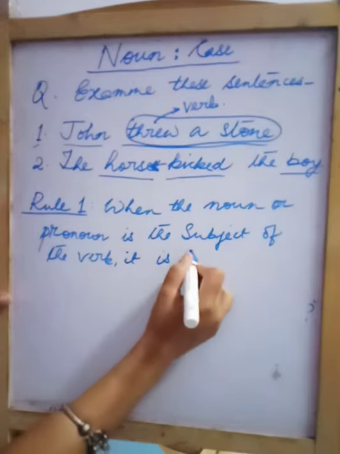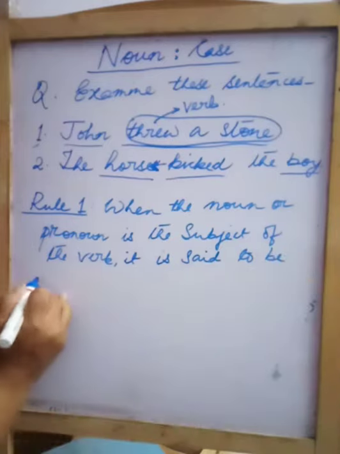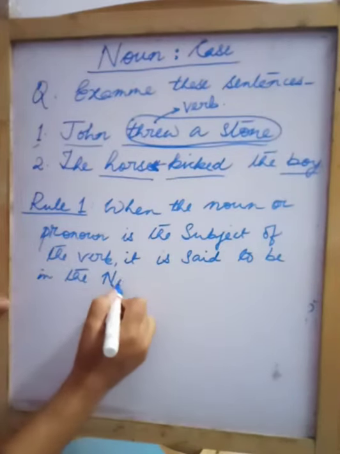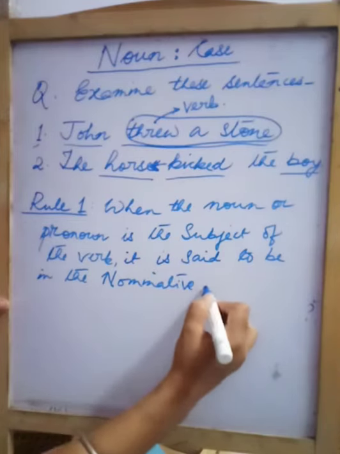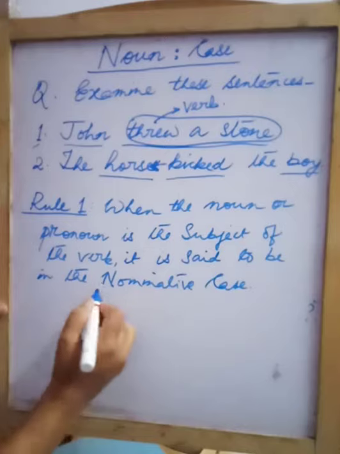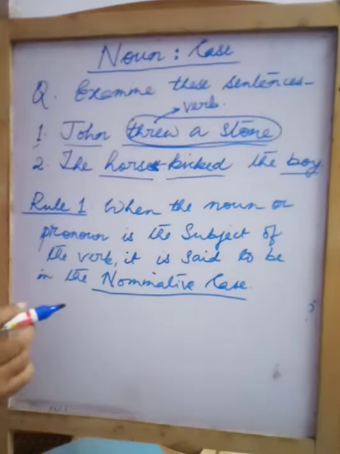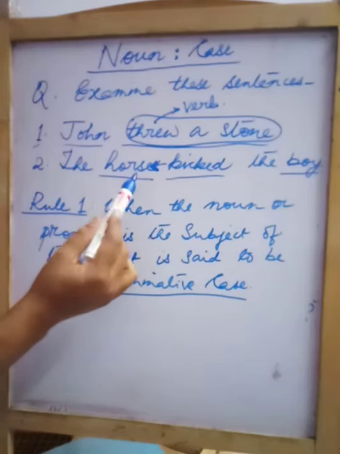It is said to be in the nominative case. So this is the case we are talking about here, the noun case. Here I have written noun case. See the second sentence, the horse kicked the boy.